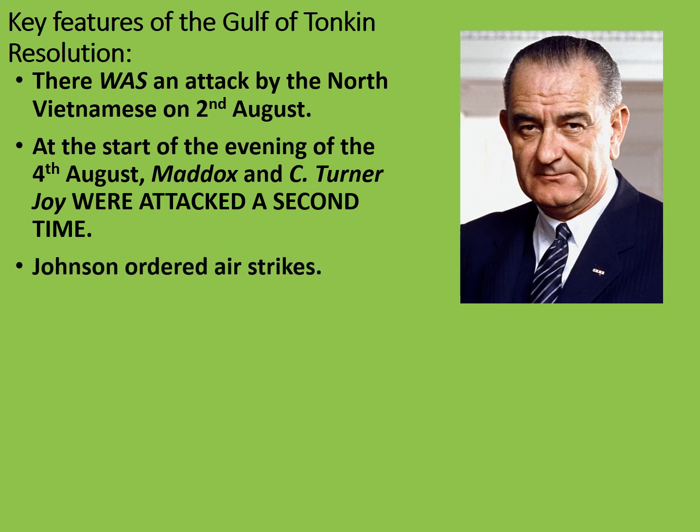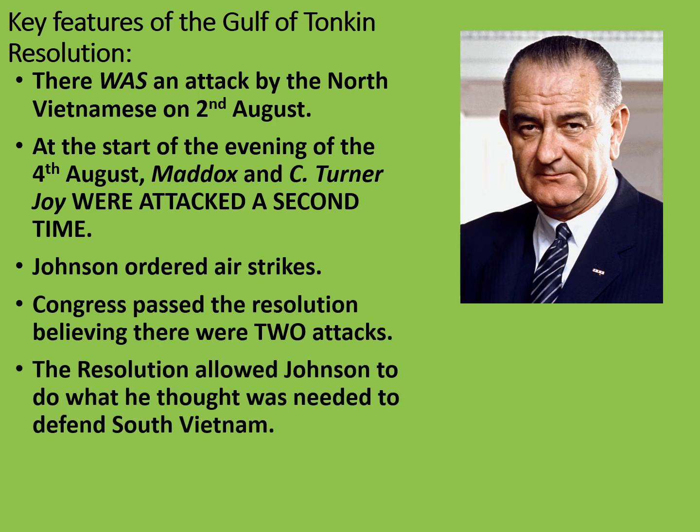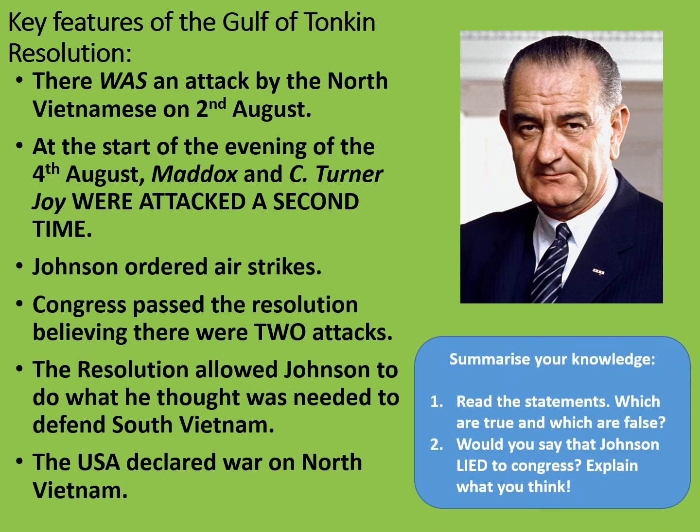Thirdly, Johnson ordered airstrikes. Fourthly, Congress passed the resolution believing that there were 2 attacks. Fifthly, the resolution allowed Johnson to do what he thought was needed to defend South Vietnam. And lastly, the USA declared war on North Vietnam. Alright, let's summarise your knowledge. Read the statements again, which are true and which are false. Pause the video now and have a go.